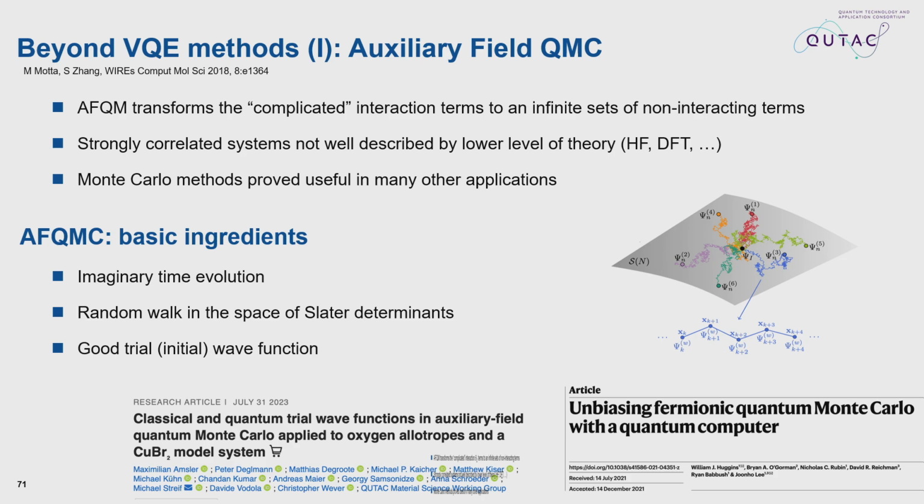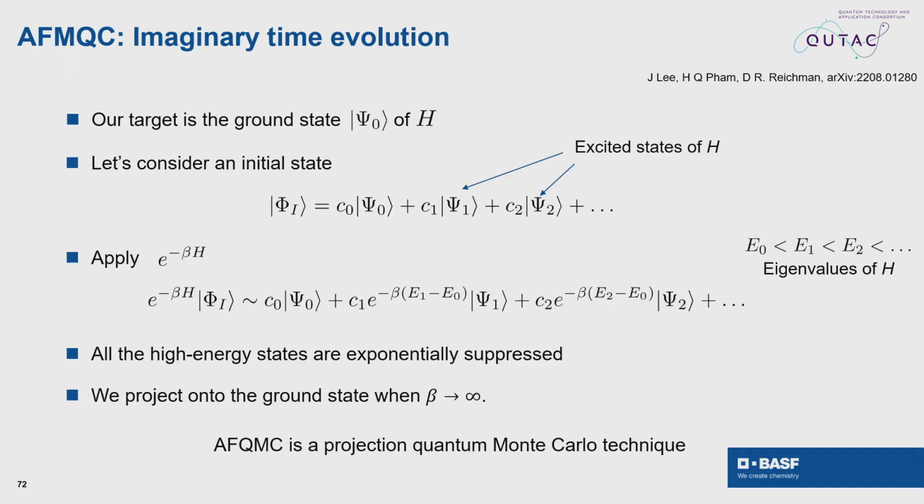Just a few words about imaginary time evolution, because this will be relevant also for the second project. Let's say that we want to target the ground state psi 0 of a given Hamiltonian H. Of course, we don't have psi 0 at hand. What we generally have is an initial state that can be, for example, a very optimized mean-field Hartree-Fock state.